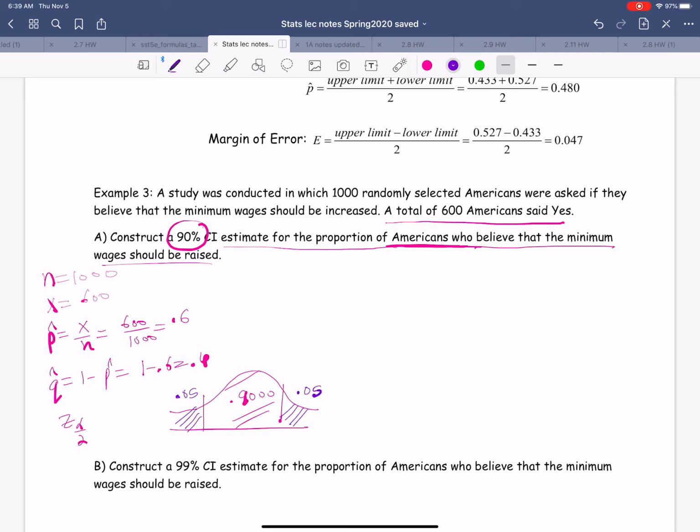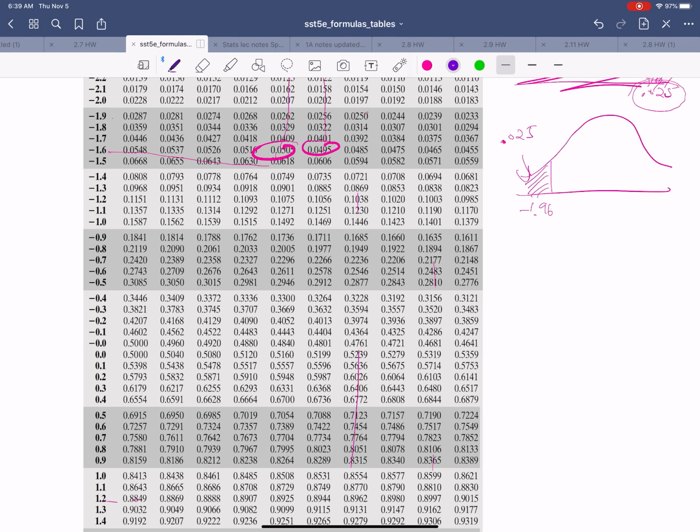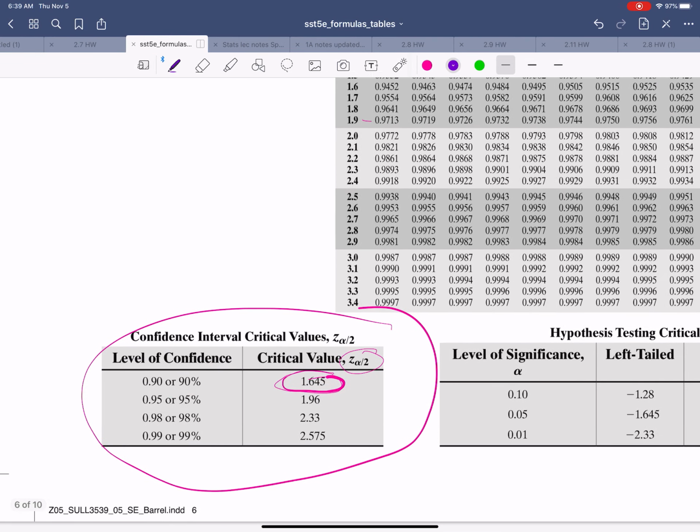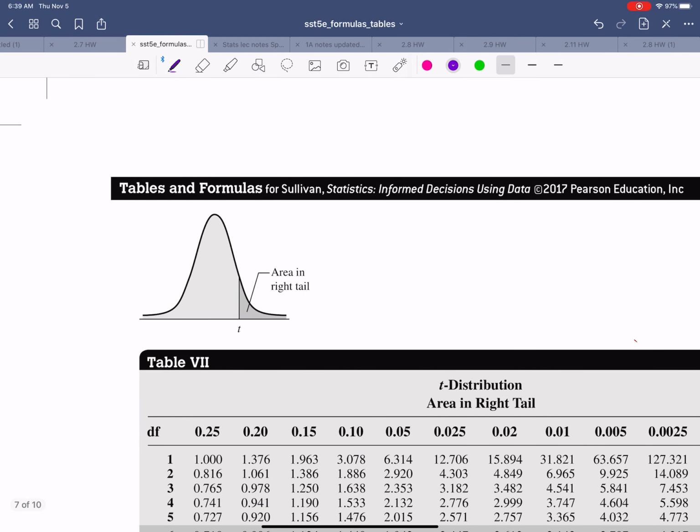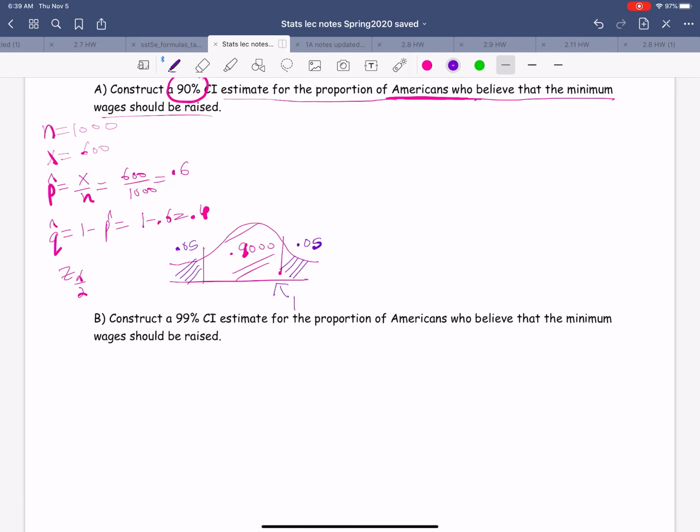Now go to the z-score table and find the z-score that has 0.05 area to its right, and we just talked about it. It's also given on the bottom of the table. For a 90% confidence level, the z-score is 1.645. So 1.645 is going to be my z alpha over 2 in this case.